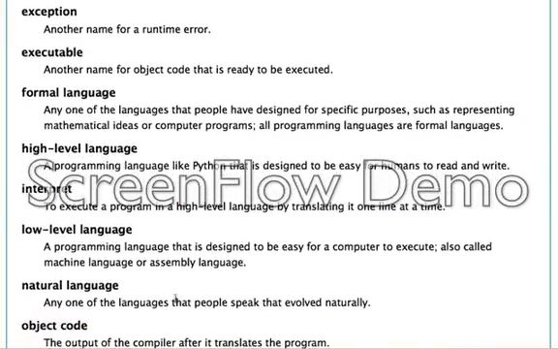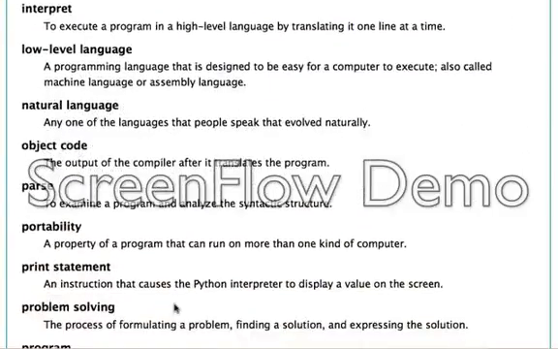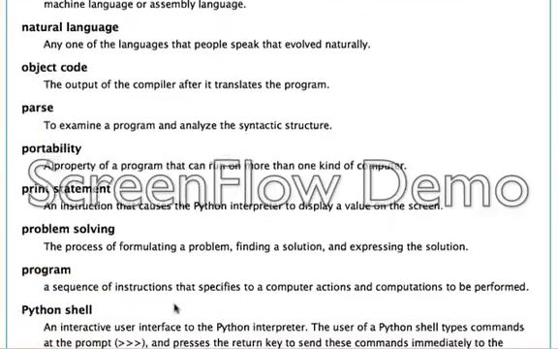Interpret: to execute a program in a high-level language by translating it one line at a time. Low-level language: a programming language that is designed to be easy for a computer to execute, also called machine language or assembly language. Natural language: any one of the languages that people speak that evolved naturally.